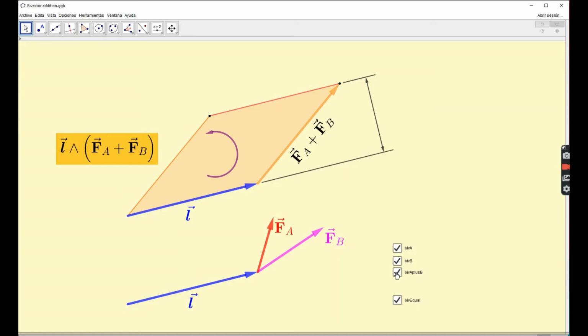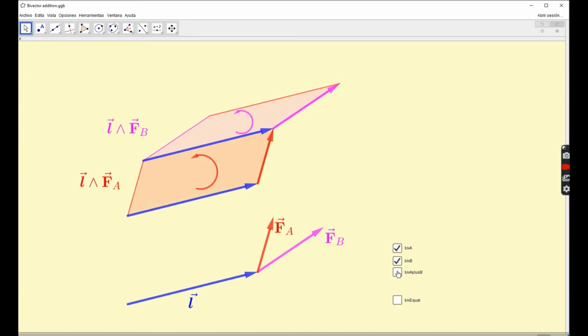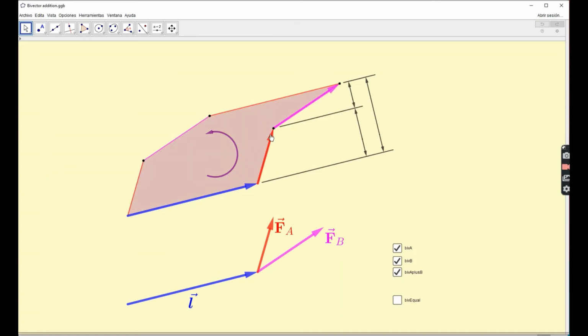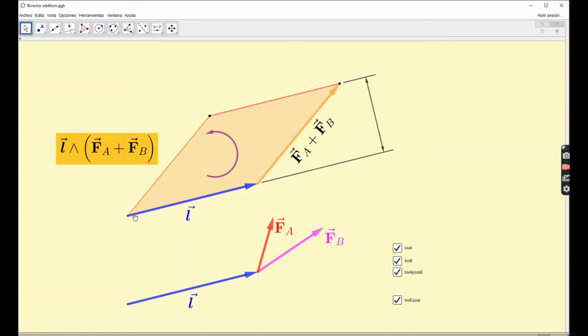Well, looking back at this, what is this side? Well, it's a vector sum of FA and FB. So by definition, this parallelogram here with this orientation, remembering this is the sense of the turn direction, this bivector here is L wedged with the vector sum of FA and FB.